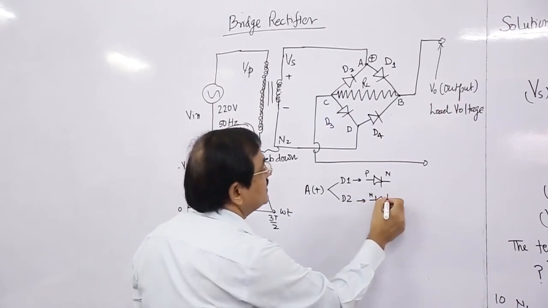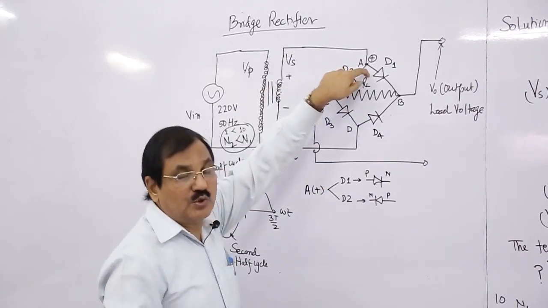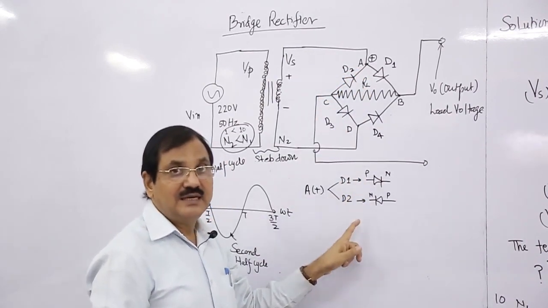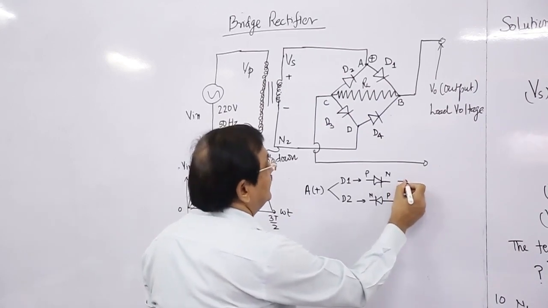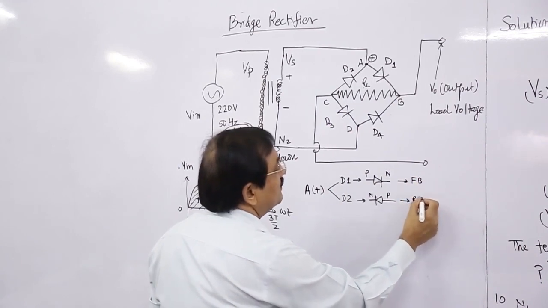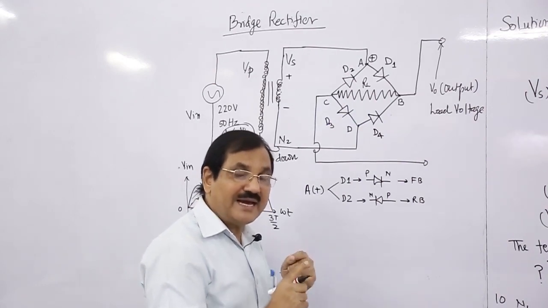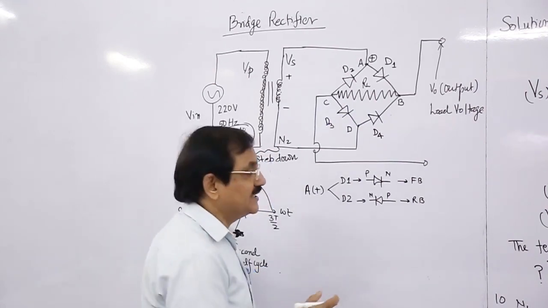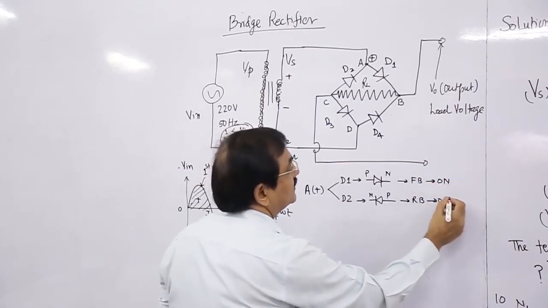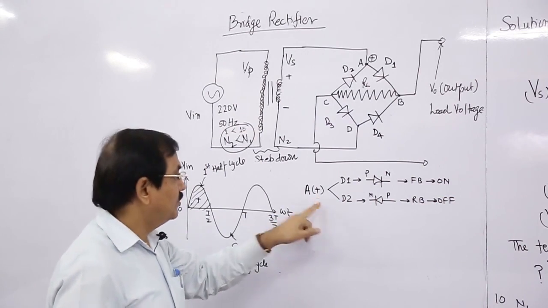This is N and this is P. So at this juncture, one diode is in forward bias, the other is reverse bias. So diode D1 is forward bias and diode D2 is reverse bias. Diode D1, which is forward bias, makes an on circuit, and here it is off circuit at point A, which is positive.